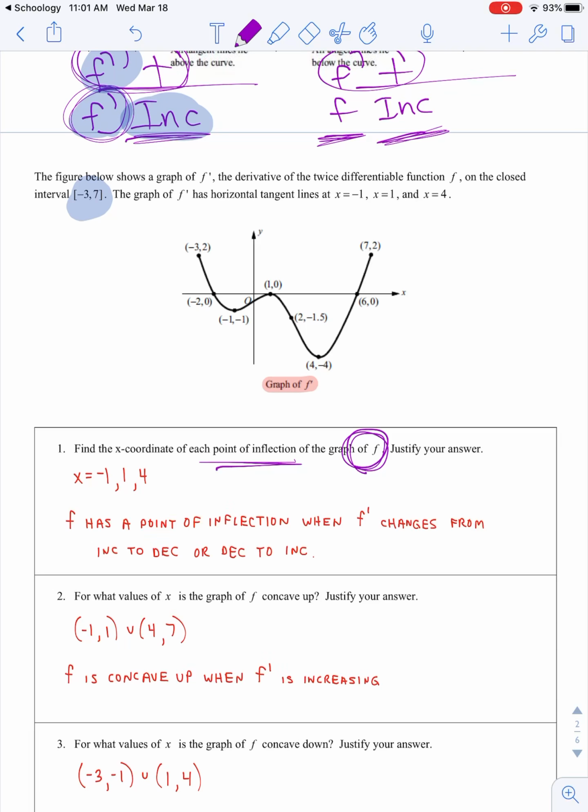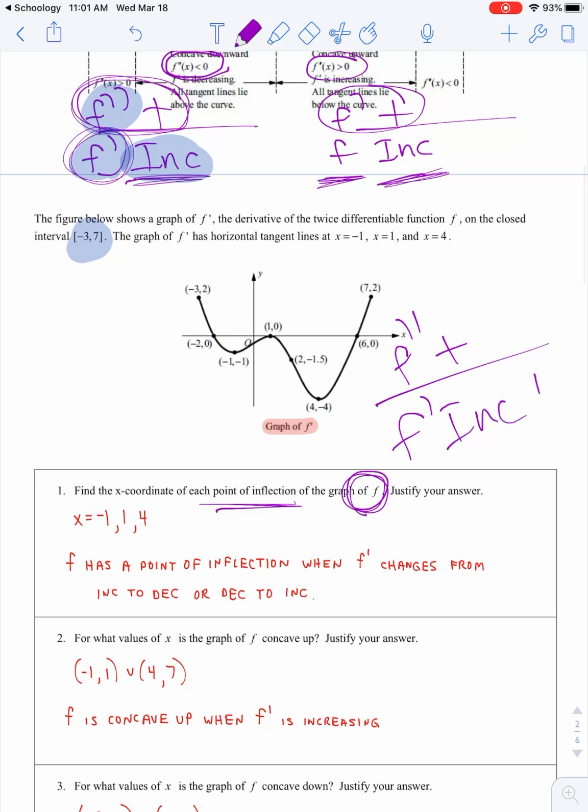Second derivative changing signs, but this is not the graph of the second derivative, it's the graph of the first derivative. So if I'm thinking about the first derivative increasing, its derivative would be positive. If the first derivative is decreasing, then its derivative would be negative, meaning second derivative.